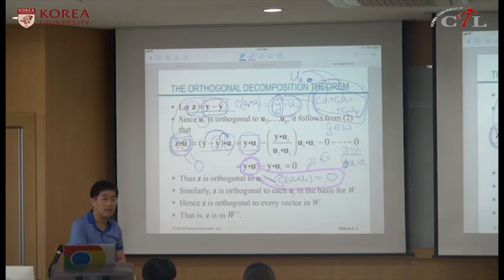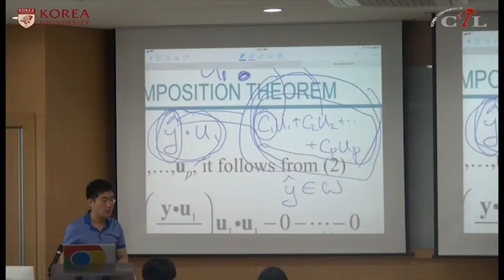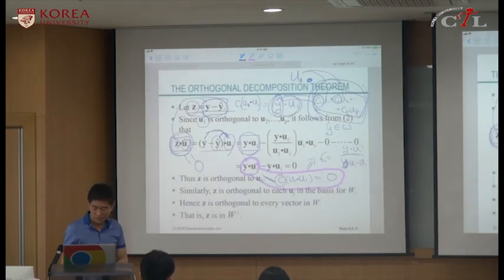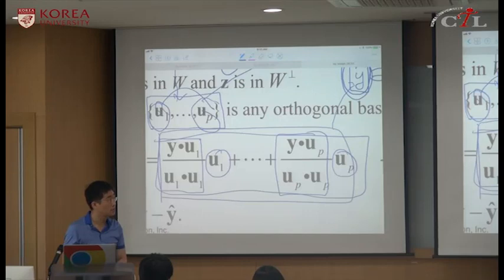So that's how we obtain c1, which is the linear combination coefficient. Similarly, c2 through cp are all obtained following this same form. That's why we obtain the linear combination coefficients as these.